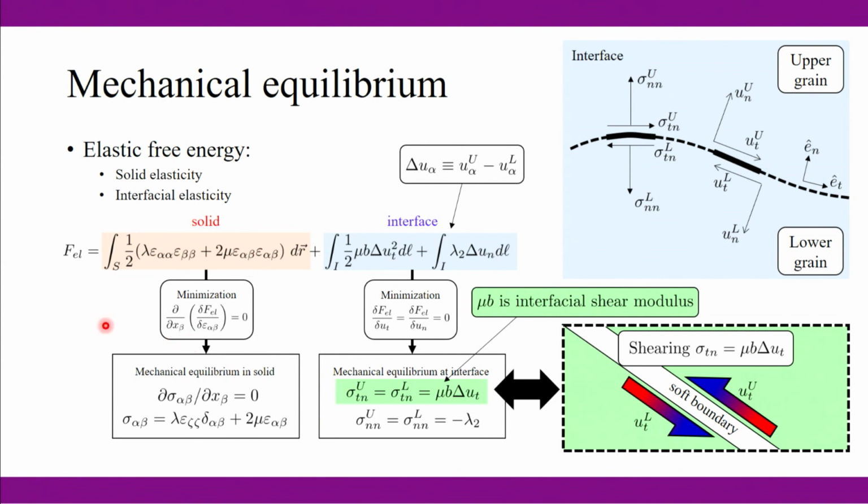So just in the solid, when you do that, you will recover the mechanical equilibrium, so that checks out. And also, we consider the boundary to be a soft boundary. So imagine a case where we have this grain boundary bulged into a certain phase. Then the physics picture in mind is that on one side, the local lattice is going to expand, right? If that's a peak.